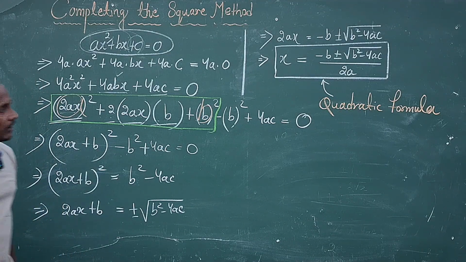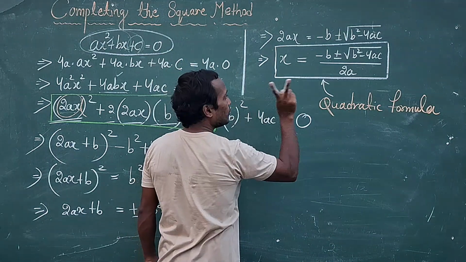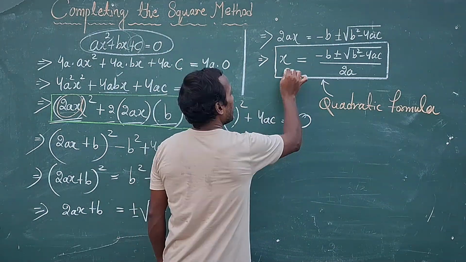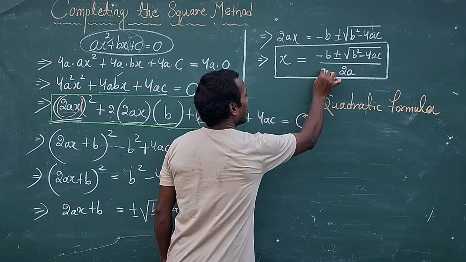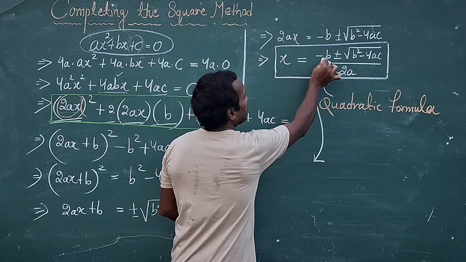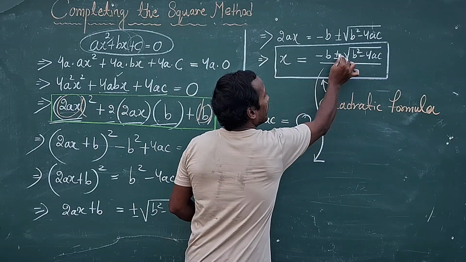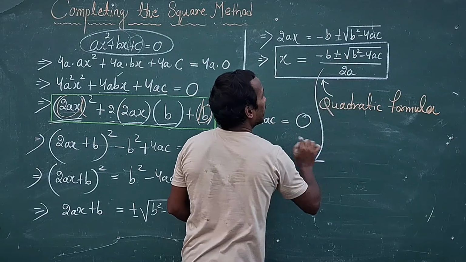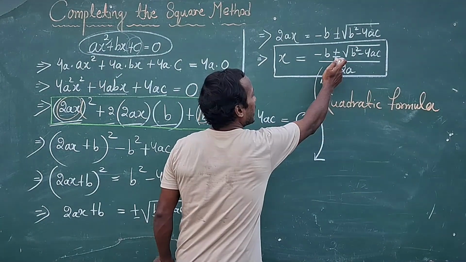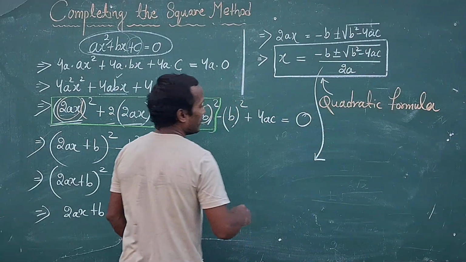Now, as I said earlier, a quadratic equation has 2 roots, 2 solutions. If you look at this quadratic formula clearly, x is equal to minus b plus minus square root of b square minus 4ac by 2a. When you use plus, you have one root. Using minus for this square root part, you get another root.